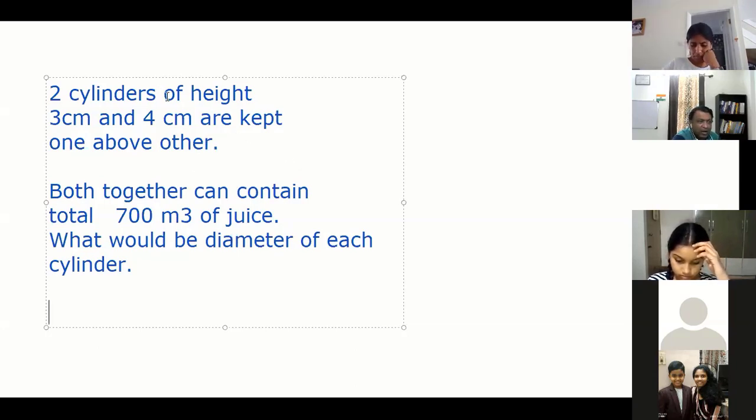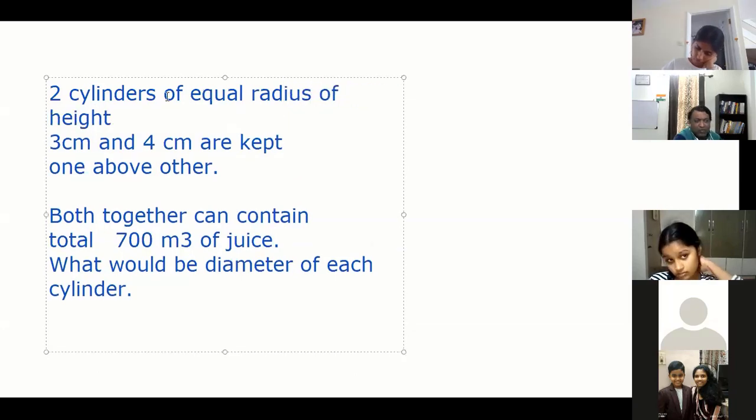Two cylinders of equal radius, so that you don't get confused. There is only one radius. Both are of same width.